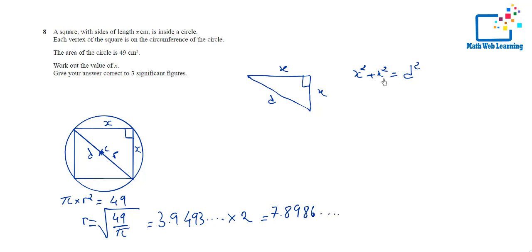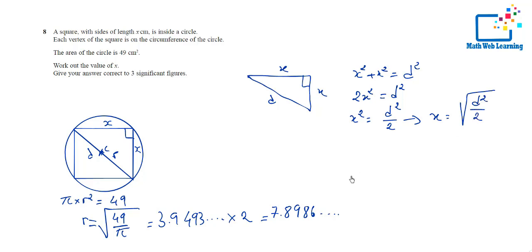Now let's go back to our Pythagoras formula. Here it's a bit of algebra. We've got x squared and x squared, that gives me 2x squared equal d squared. Therefore I have x squared equal d squared over 2. If I square root both sides to get x, I will get the square root of d squared over 2.